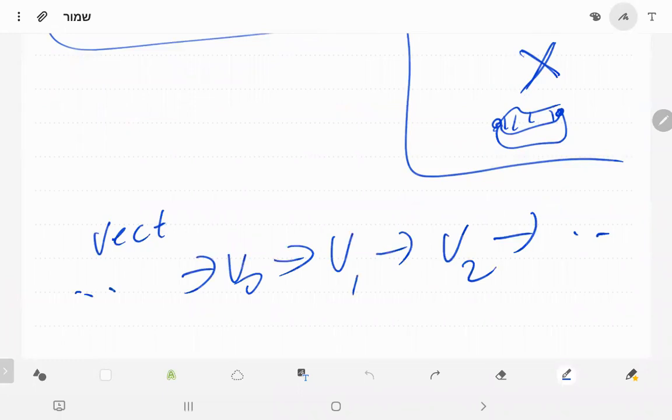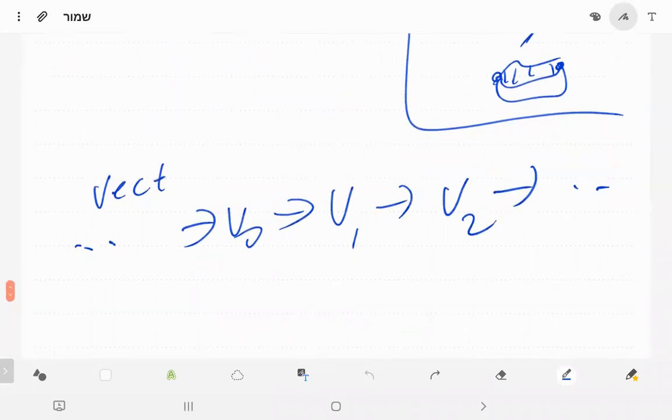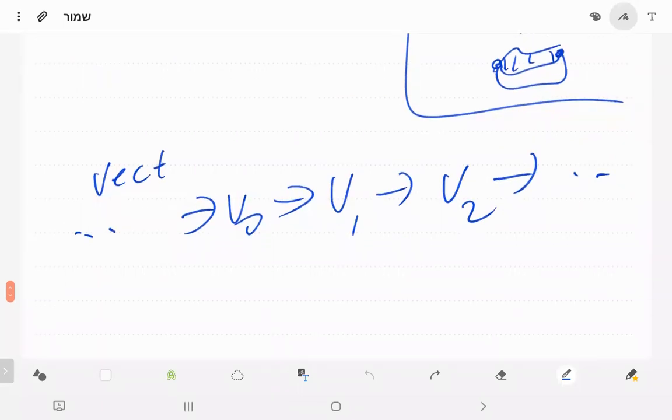And now good news. If you have a complex of vector spaces, you can consider its homologies, or cohomologies in this case, never mind. So H_1, H_2, etc. And you can consider that as a complex, just putting zeros here.